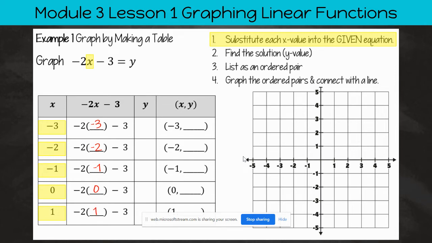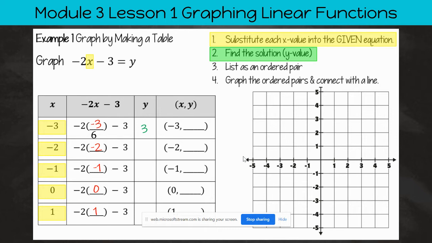Once we've substituted in those x values, then we're going to find the solution or the y value. And to do that, we just have to evaluate or simplify the expression. So first we have negative 2 times negative 3, which is 6. And 6 minus 3 is 3.